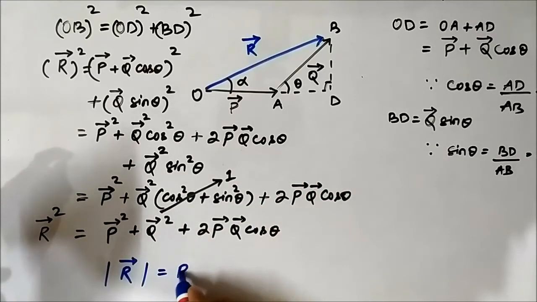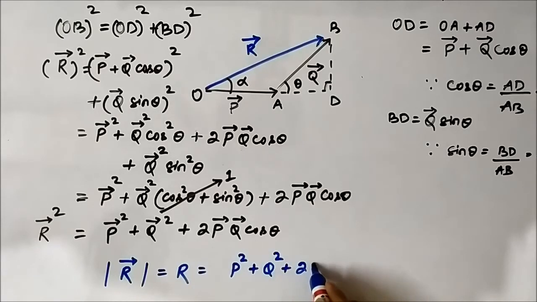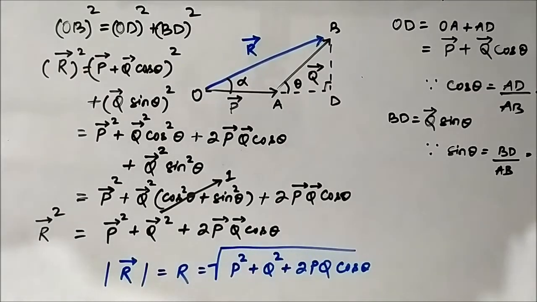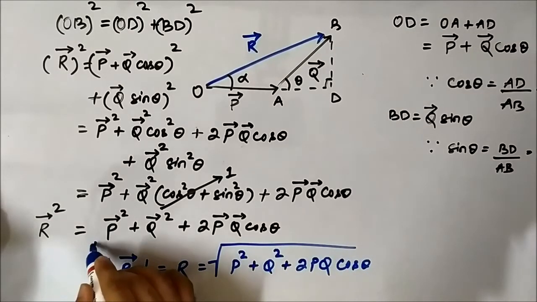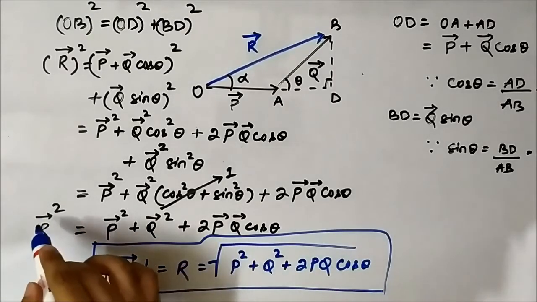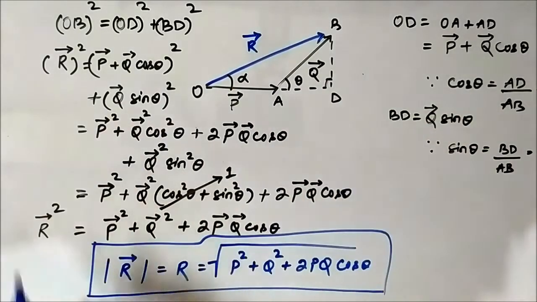So R is the square root of P square plus Q square plus 2PQ cos theta. This is the magnitude of R.